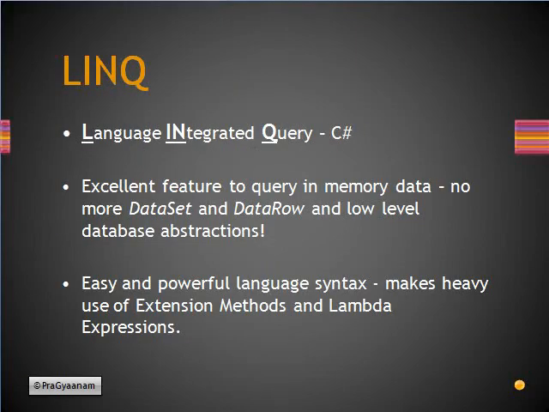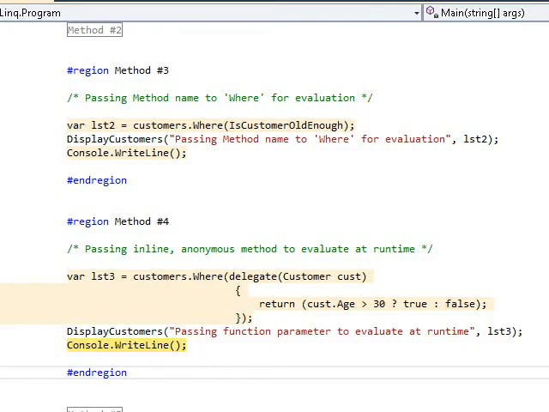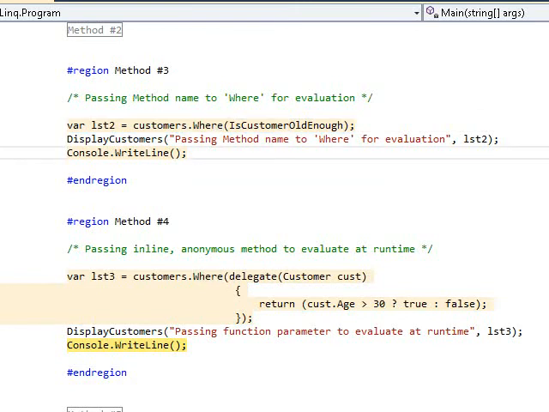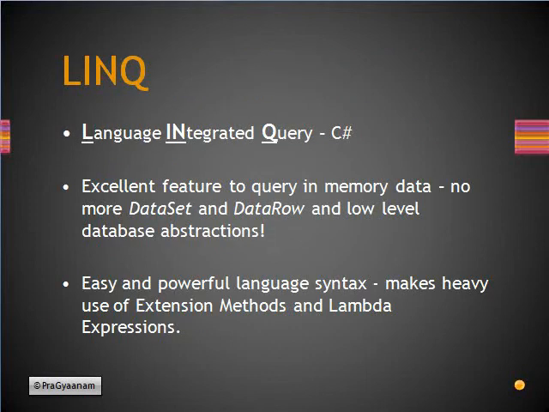As we already saw, we have already used LINQ, because when we use this where, it's part of LINQ functionality. LINQ is basically a way in which you can query in-memory data. It stands for Language Integrated Query, and it's available in .NET compliant languages such as C#.